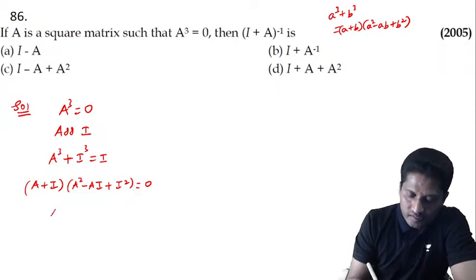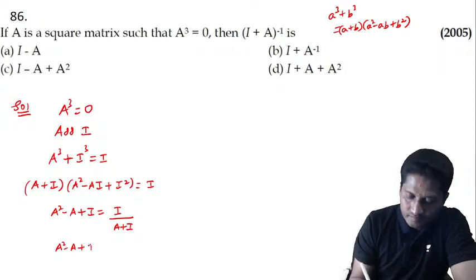Now this is A square, I into A is A, I square is I. And on the right side I have I. If I shift this to the right side, you will get I divided by A plus I. You shift to the numerator, you get A square minus A plus I is equal to A plus I whole inverse into I.